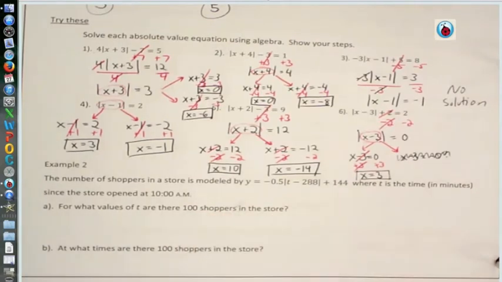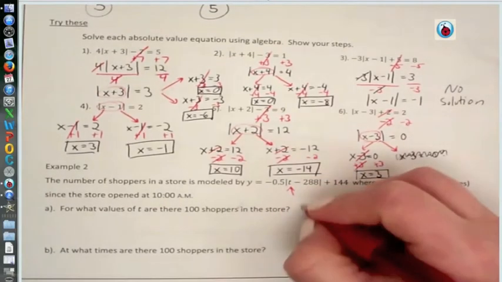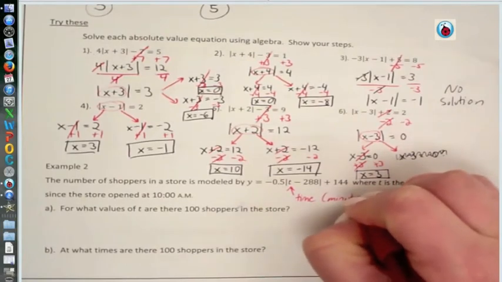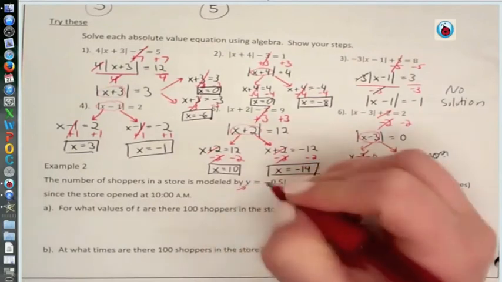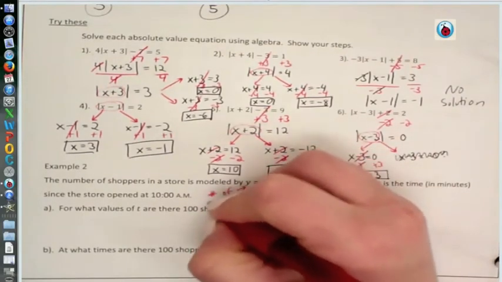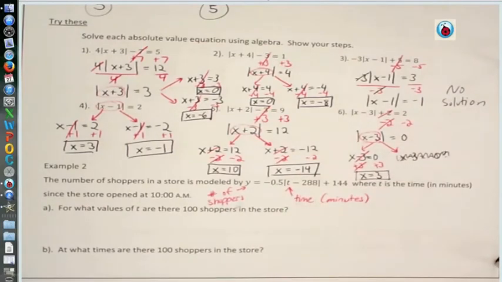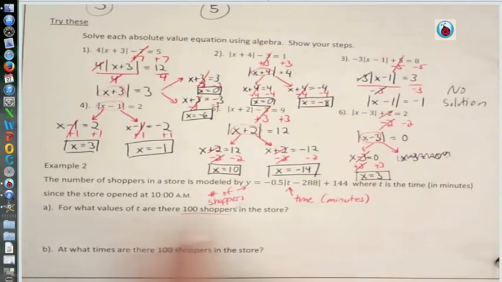Well, I know that t is the time in minutes. Y represents the number of shoppers in that store. So if I have 100 shoppers, which variable should I plug that into?